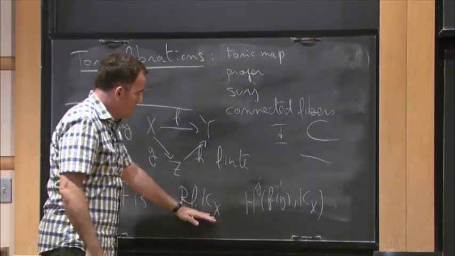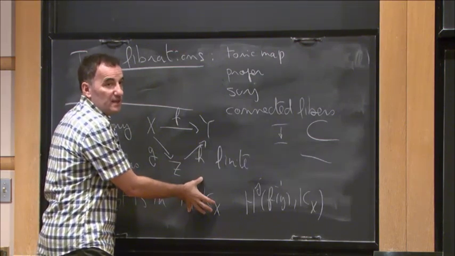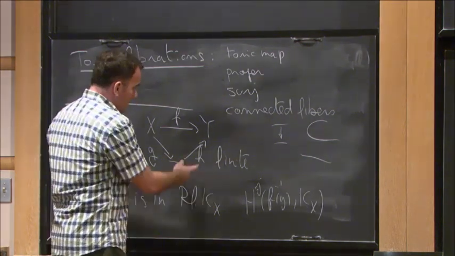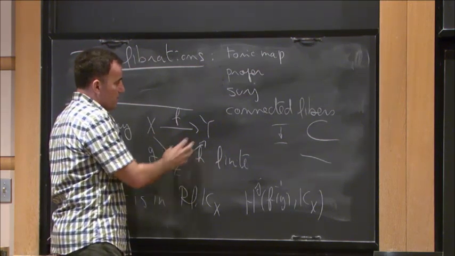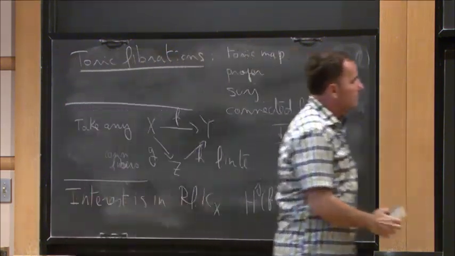Now what about this? Well, as I will discuss in a second, I'm interested in how this splits. Because this is a finite map, a splitting here is reflected here automatically. So what I mean by that is this.